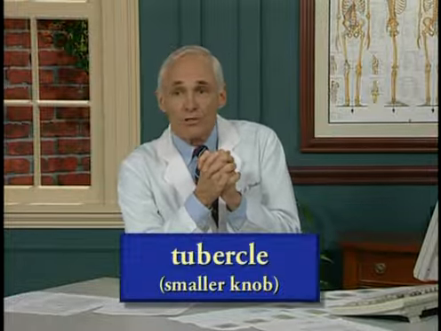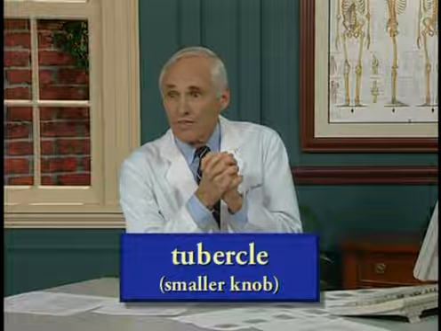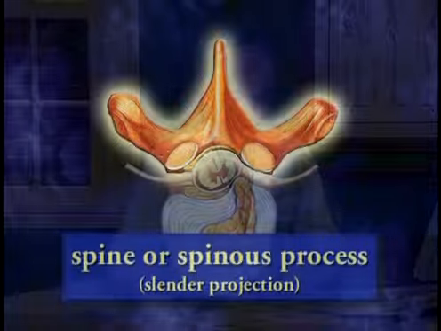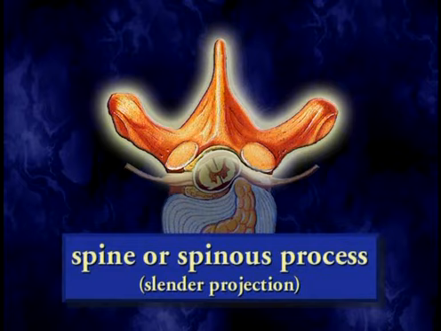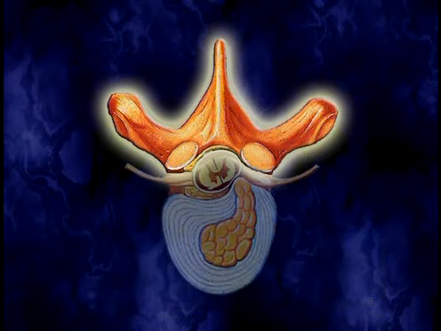It hasn't been literally pulled up, but the bone has thickened. And there's something also similar called a tubercle, which is just a smaller knob. We have spines and spinous processes, which we've also seen before, and those are the long, thin blade that comes out the back of a bone. And there are many of them in the body.